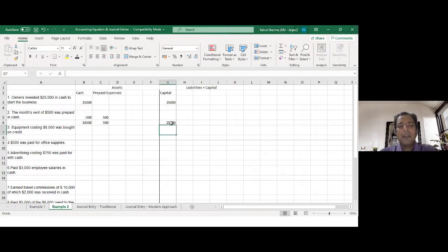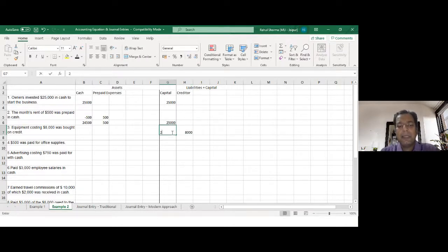Then we go to the equipment costing 8,000, which was bought on credit. Remember, we bought on credit. The moment we bought on credit, there is a creditor, and creditor is our liability. So we have somebody over here as creditor, and he will be our liability. What was the cost of the equipment? That was 8,000.